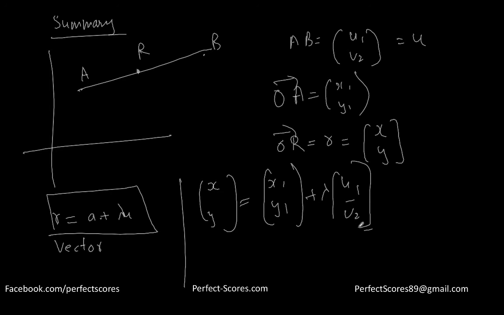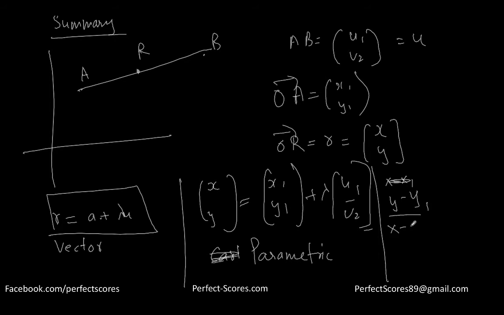So this will give me a parametric equation. And if I take the values of lambda out, I get x minus x1, y minus y1 divided by x minus x1 is equal to u2 over u1. That is the Cartesian equation for this.